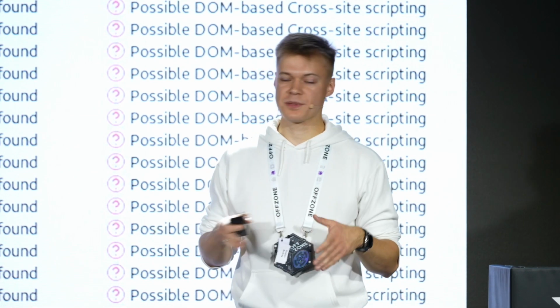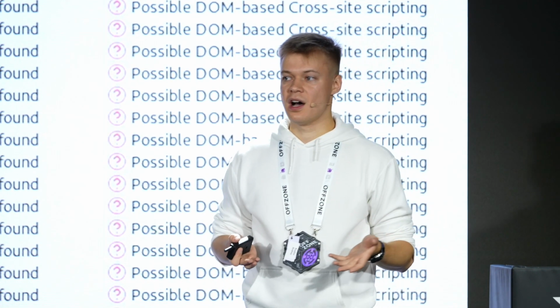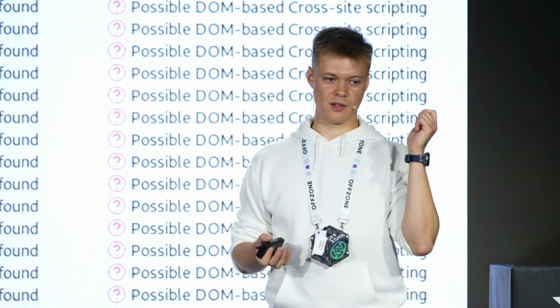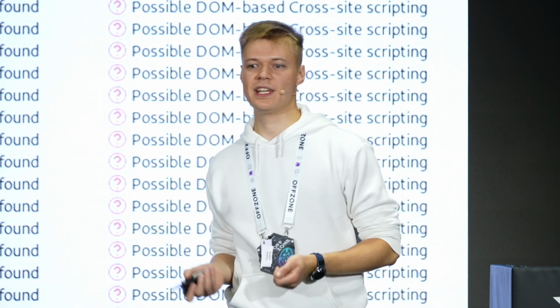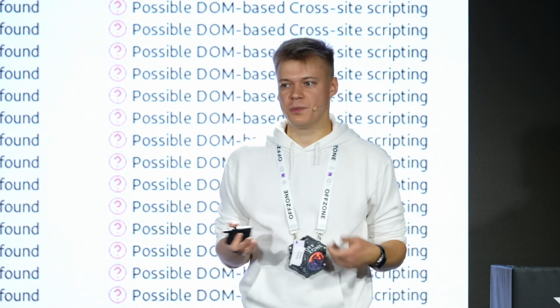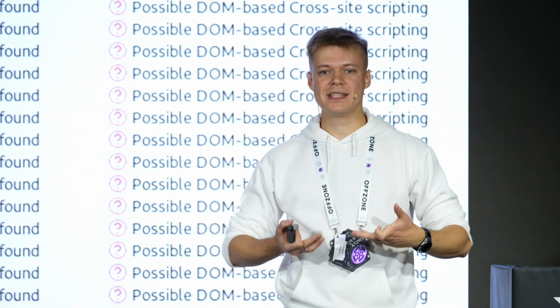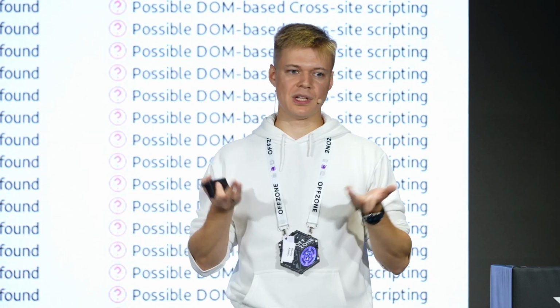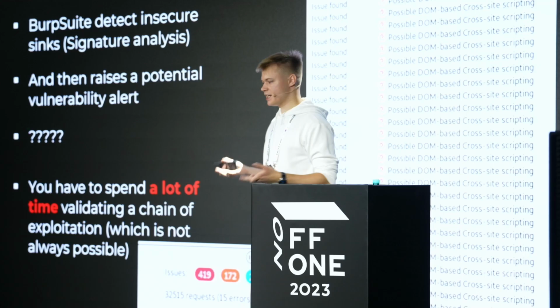The crawler goes through all pages, goes through all the signatures, and if it finds something that looks potentially like an XSS, it will raise a flag, raise an alert. Is it possible to exploit this vulnerability or not?